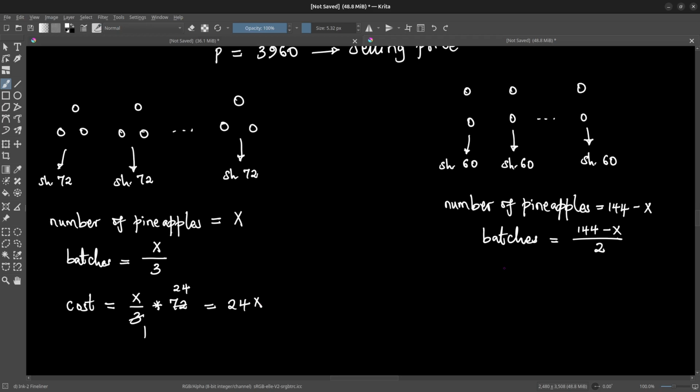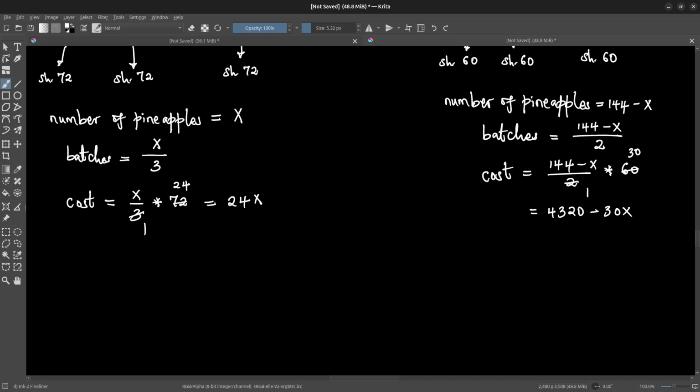We go to the right side, we calculate the cost: the total number of batches, then we multiply by the cost per batch, which was 60. 60 divided by 2 gives us 30. So we have 144 times 30, that is going to be 4320, and then minus x times 30, that's 30x.